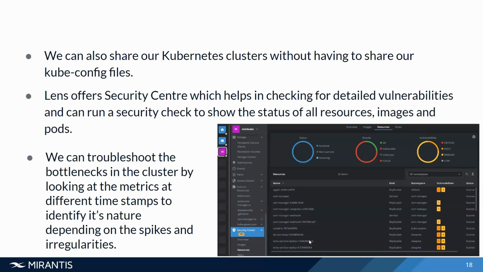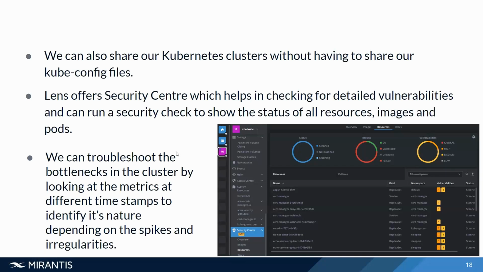Here we have all the resources in our cluster, and the number of vulnerabilities depending upon the state we are in. If we have a critical vulnerability, then it would be flagged with a red tag.